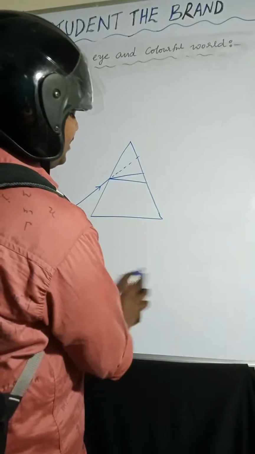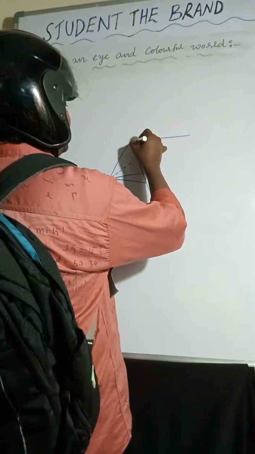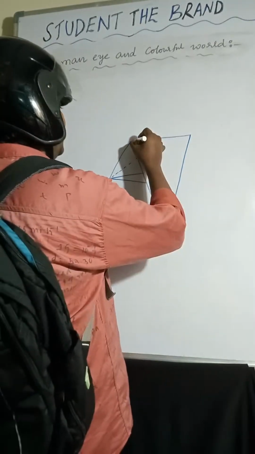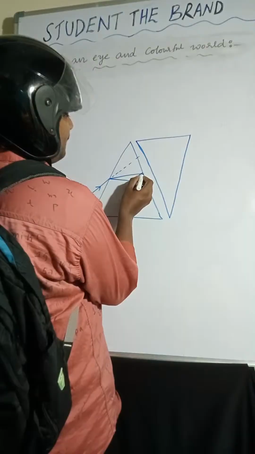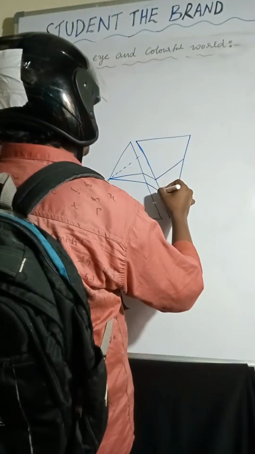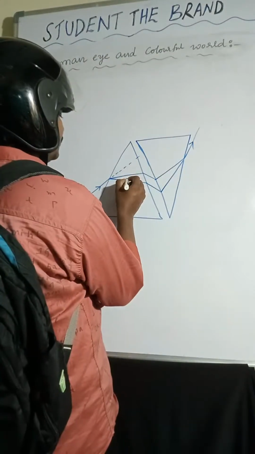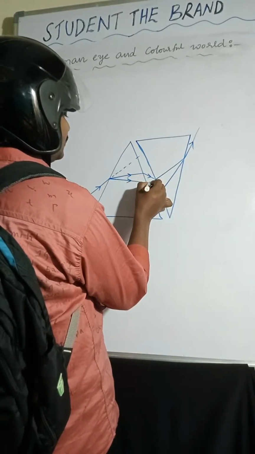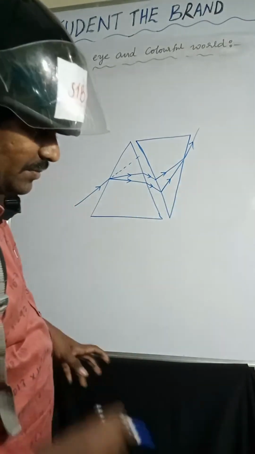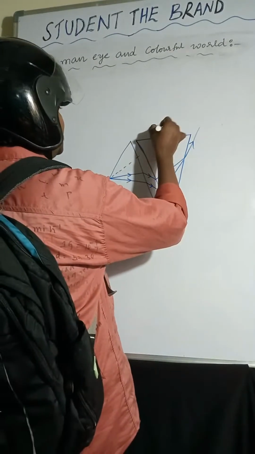Then all the 7 colors combined again, so we got the outcome as a white light. You can observe here: this is the first prism, prism number 1, and prism number 2.